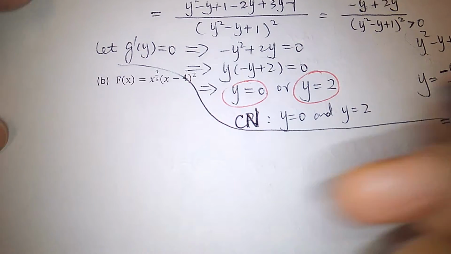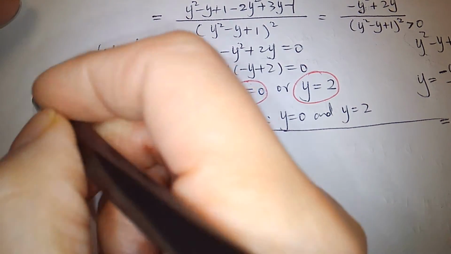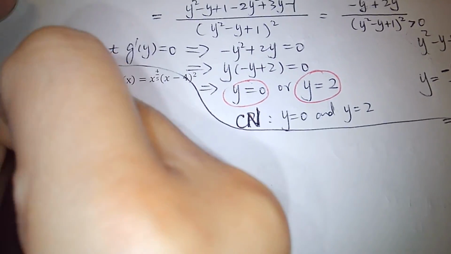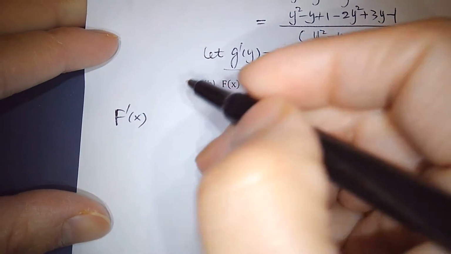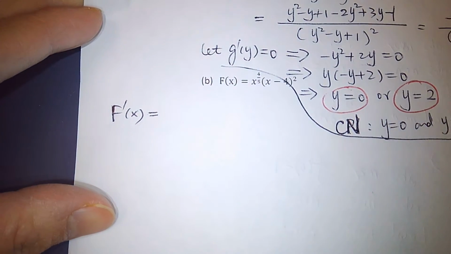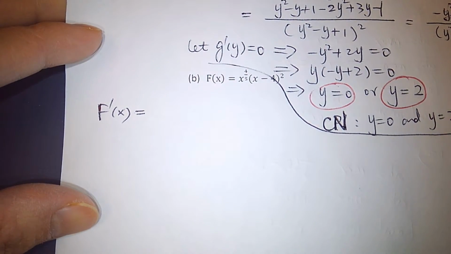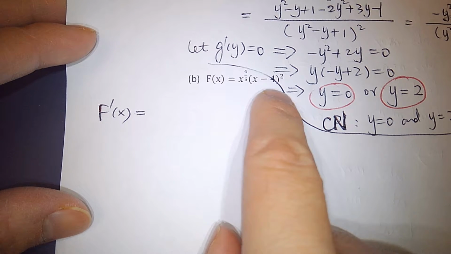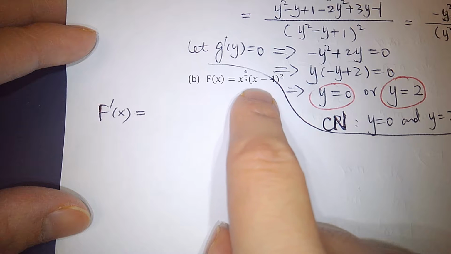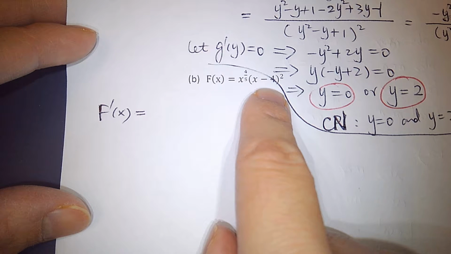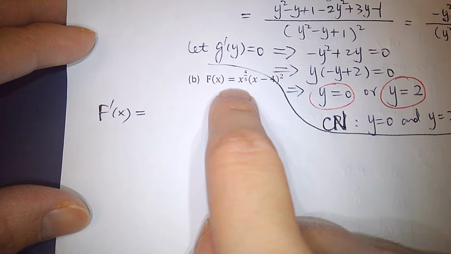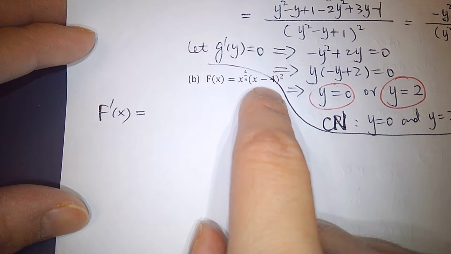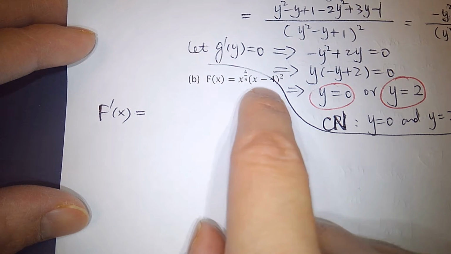Alright, so differentiate f. How, everyone? Is this a product? Yes. We can use the product rule, right? Or can we simplify this f at first?